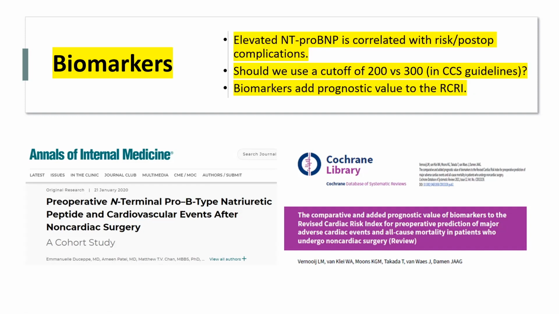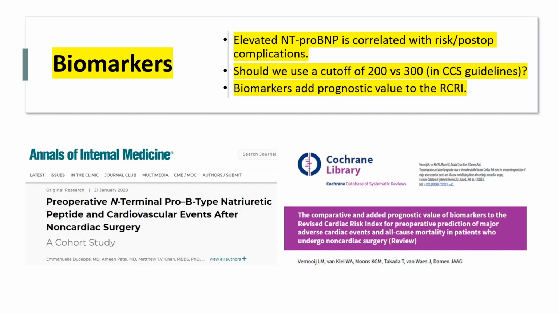They noted that an elevated N-terminal proBNP was correlated with increased risk and predicted postoperative complications. The difference here in the paper in the Annals, they used a cutoff of 200 as opposed to what was in the Canadian guidelines that I showed you earlier, where they used a cutoff of 300 for the N-terminal proBNP. They both agreed that the use of biomarkers added prognostic value to the RCRI.